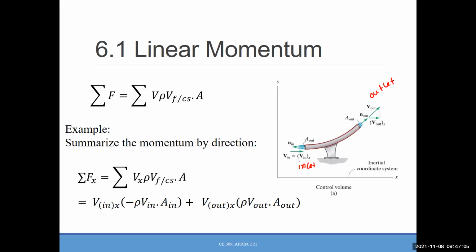Now, for momentum conservation, we need to work with either X direction, Y direction, or Z direction. So as an example, here we will work with X direction, the positive direction in this way. And you can write down this one.